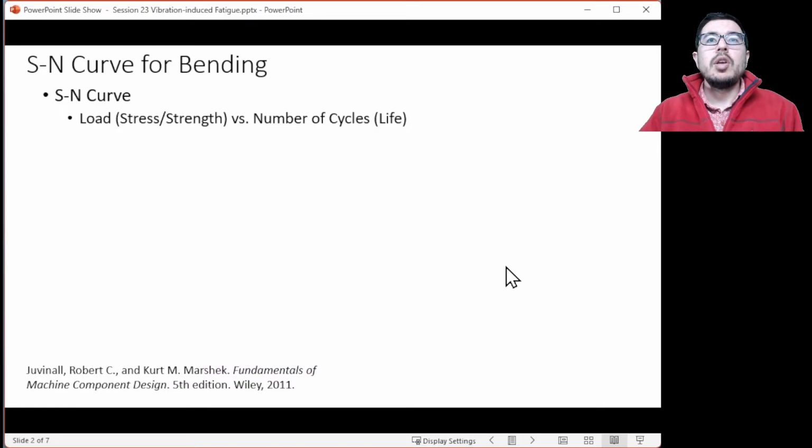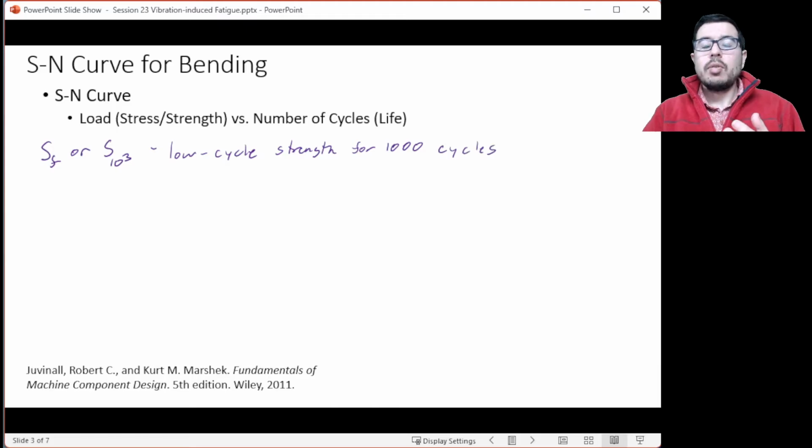Well, what do we use an SN curve to do? We look at it in terms of counting the number of cycles that we will be able to have for a given amount of load. So we have what is called the low cycle strength for 1,000 cycles.